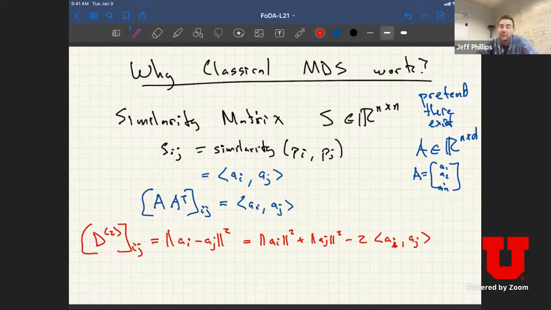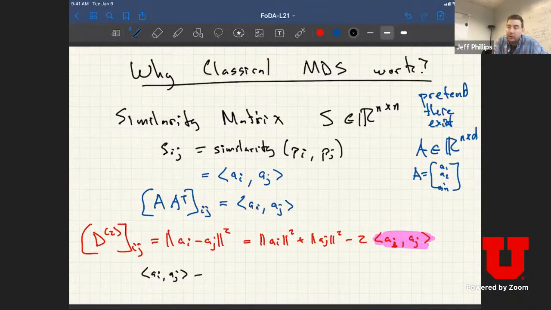I can write out this expansion, and importantly, the last term here is the inner product of A_i and A_j. That means if I have the squared distance matrix, then I can solve for the A_i A_j inner product. This is what I want to create this similarity matrix, which I can take the eigendecomposition of.